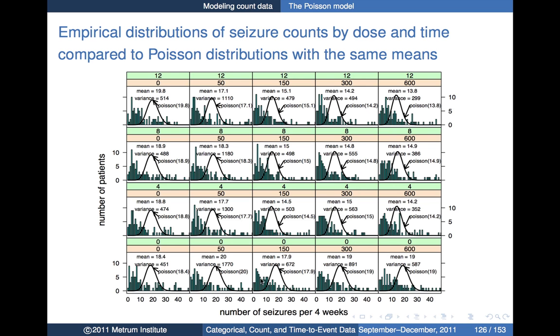The bottom panels are that baseline 4-week period. The second panel is 0 to 4 weeks, the next panel is 4 to 8 weeks, and the top one is 8 to 12 weeks. And as we go from left to right, we're going up in dose from our 0 dose, our placebo treatment, up to a 600 milligram per day dose.